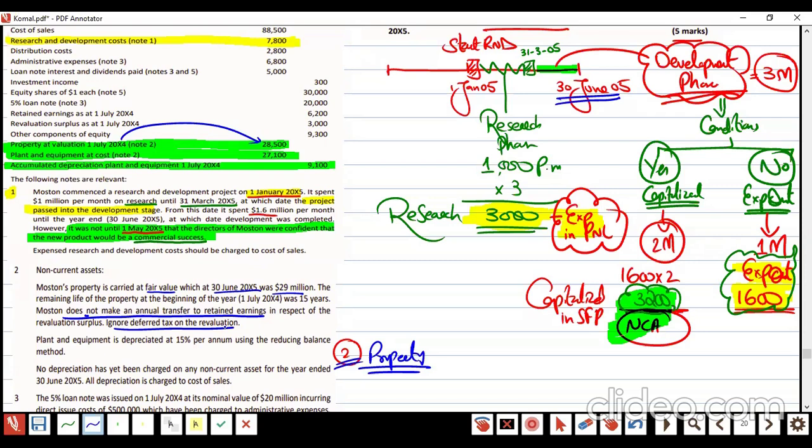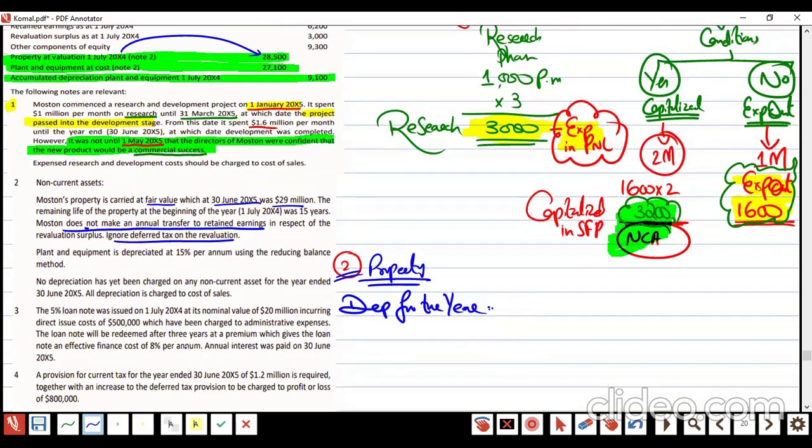This property is revalued, correct? So we have to find out the depreciation for the year. The value at year end is how much? The revaluation occurs at year end, right?